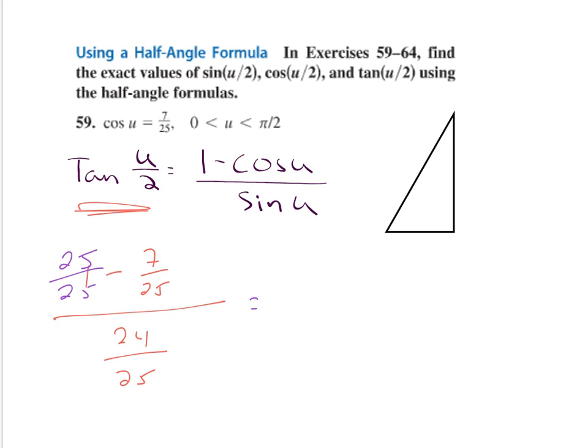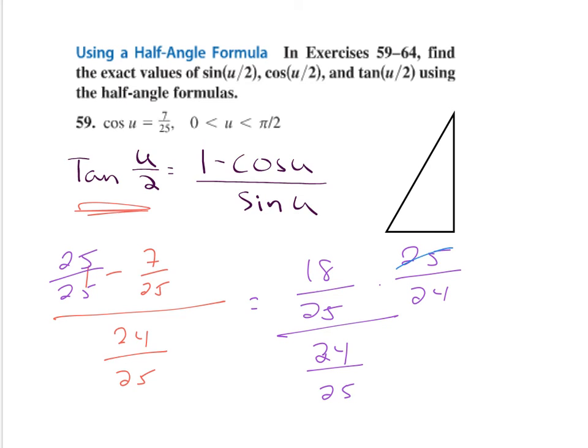So this becomes 25 over 25 minus 7 over 25, which is 18 over 25 over 24 over 25. Again, I'm just going to multiply by the reciprocal right now. So this is times 25 over 24. My 25s are going to cancel. That leaves me with 18 over 24, which of course is equal to 3 over 4. And there is my tangent of u over 2.